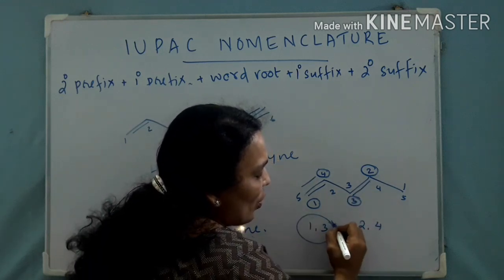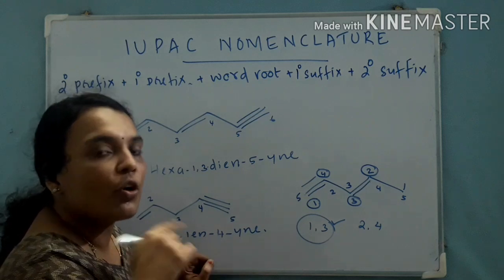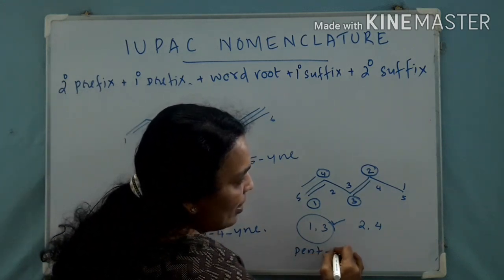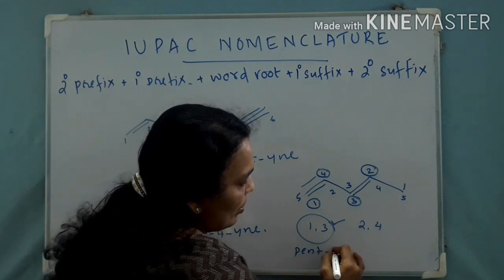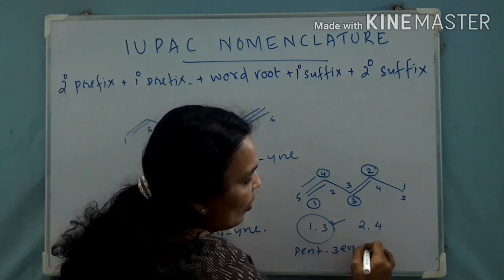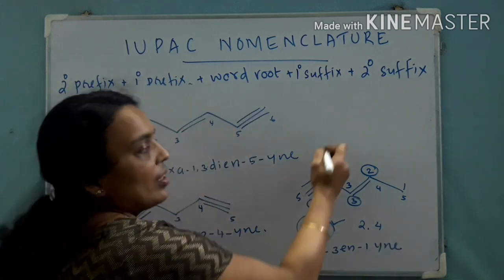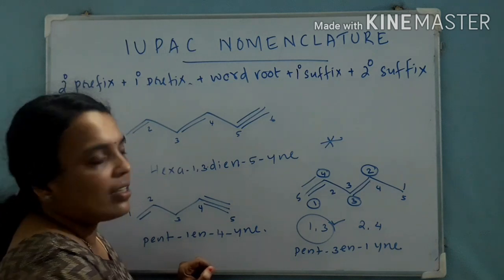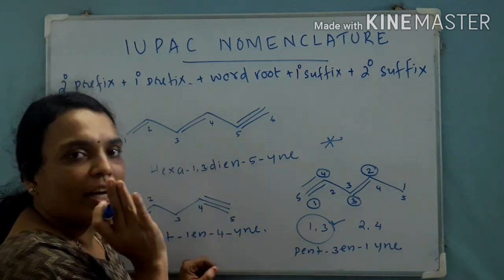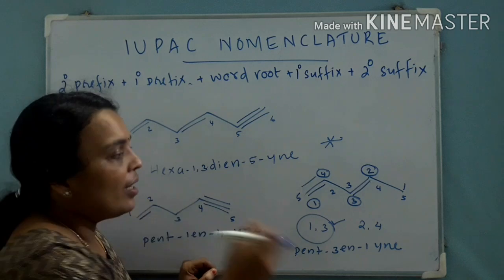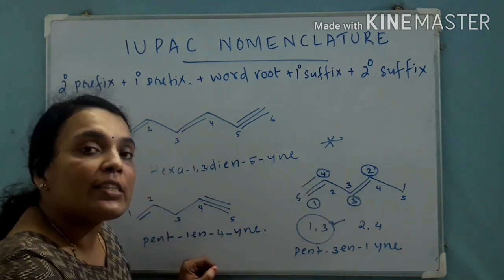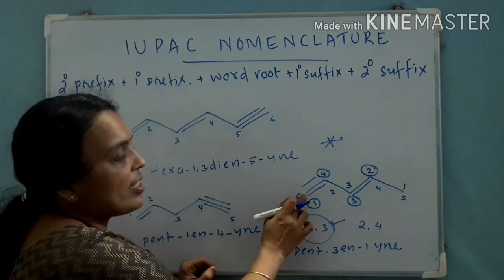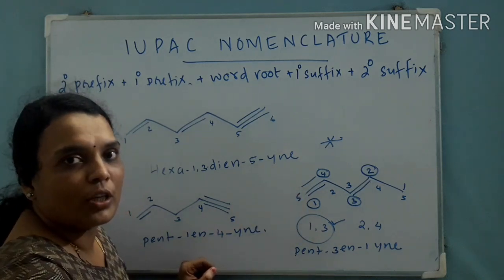Which one is the lower set of locants? This one is the lower set. So the name becomes pent 3 en 1 yne. These are like the previous question, don't confuse them. Always remember the double bond should get the least number. But if the lower set of locants is also applicable, we have to consider the lowest set of locants. So this is the correct numbering. Got that point?